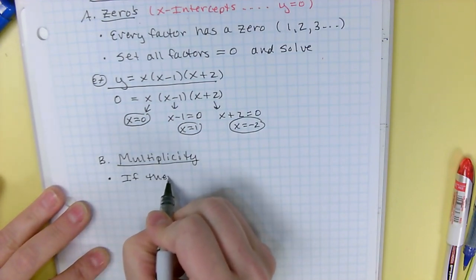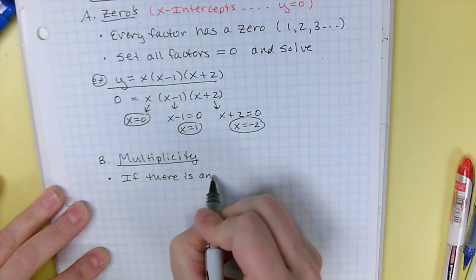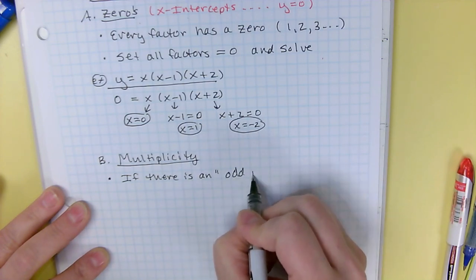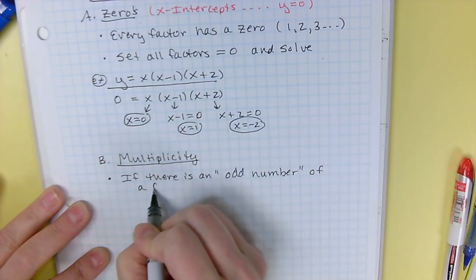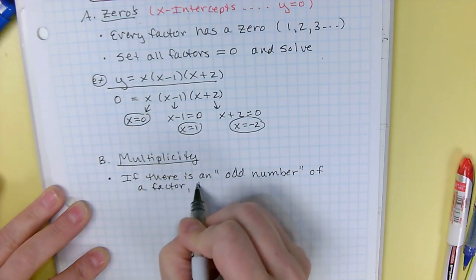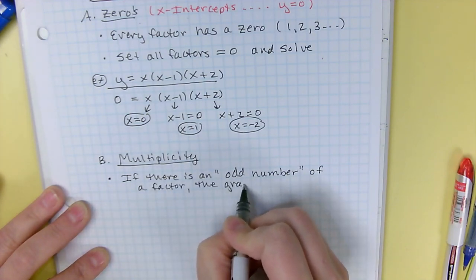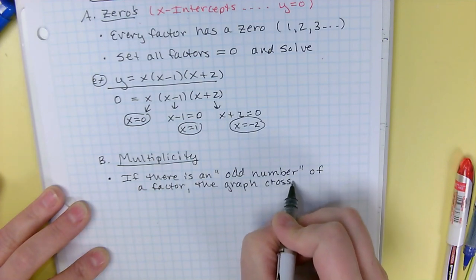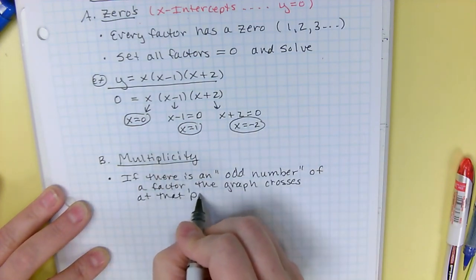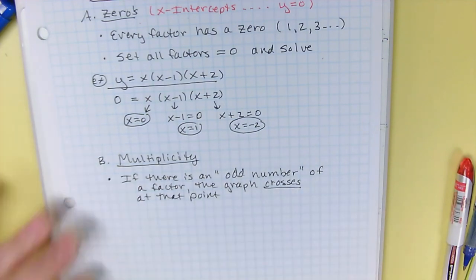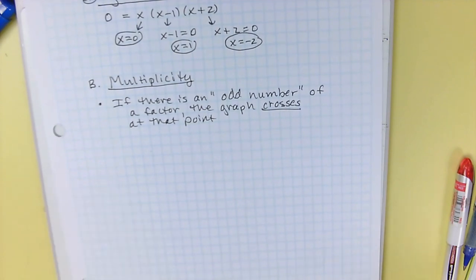So if there is an odd number of a factor, the graph crosses at that point.